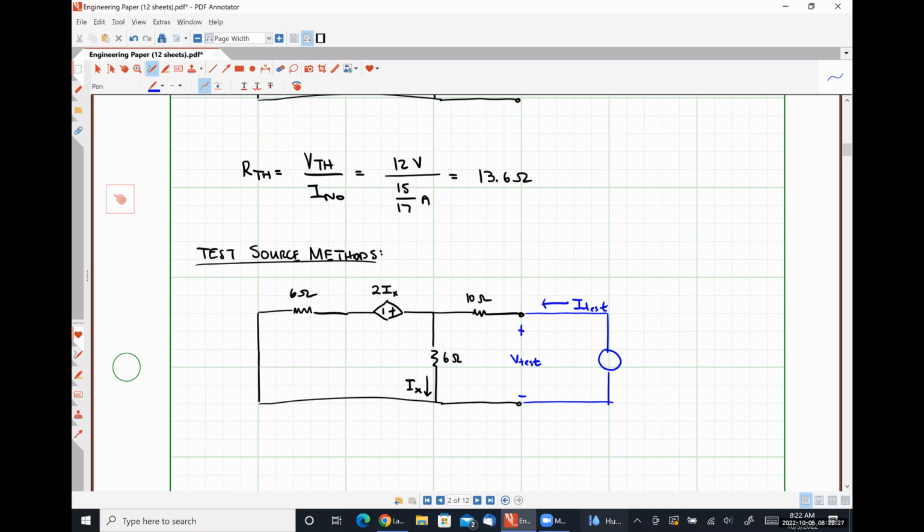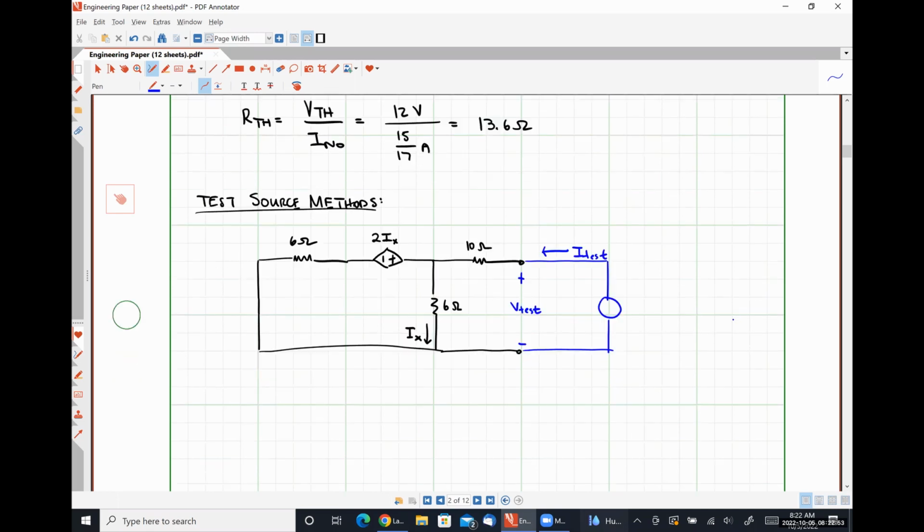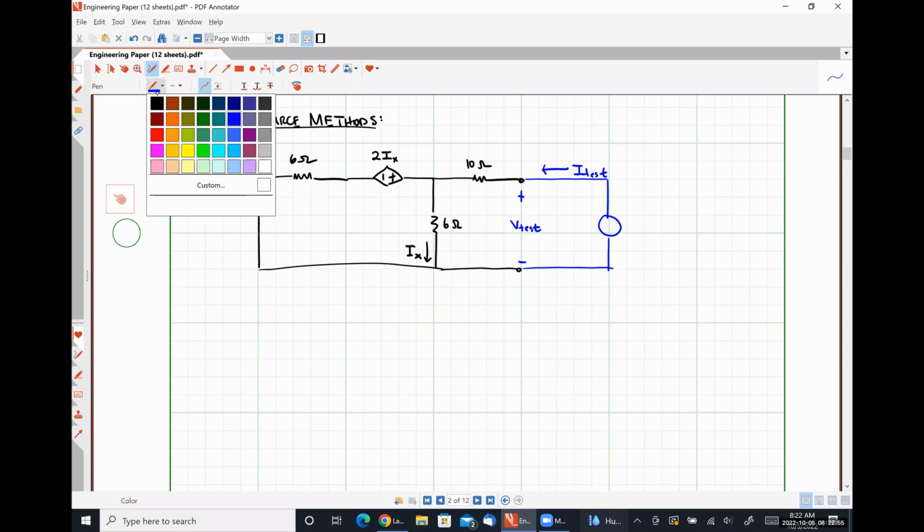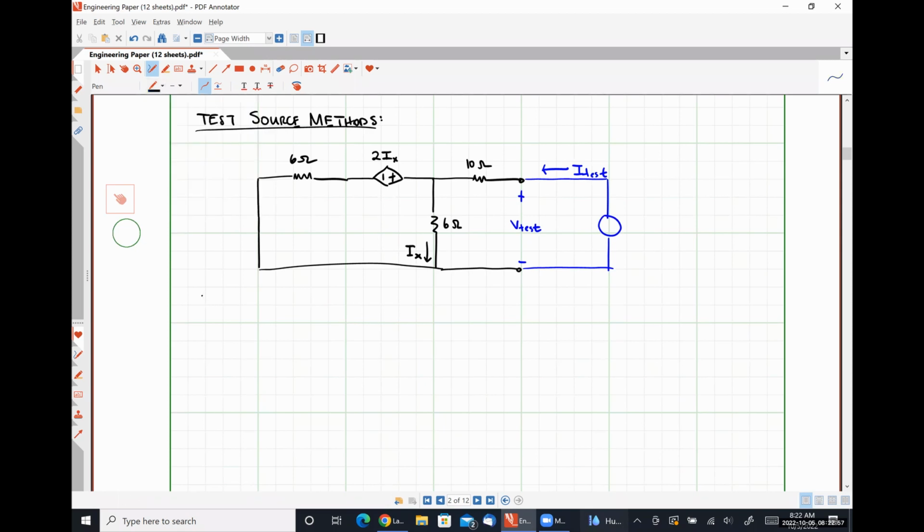Now, applying the test source method, we get to choose whether or not we apply a voltage source and measure the test current, or we apply a test current source and measure the test voltage. We are going to do both of those things to show you that they're going to give us the exact same answer. They have to, okay? So let's start with a test voltage source.